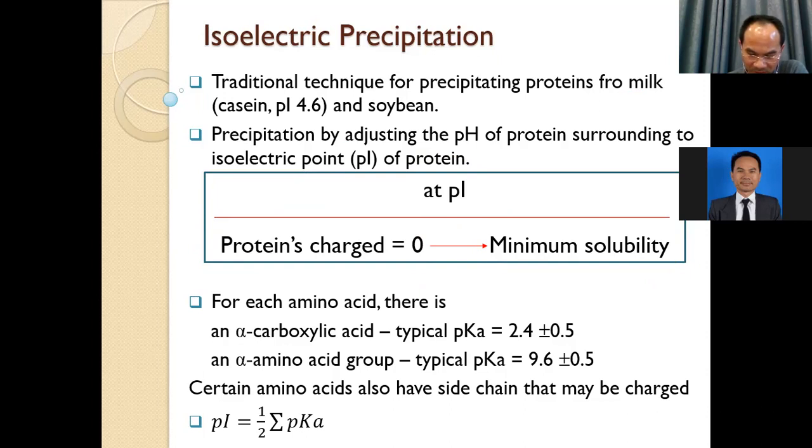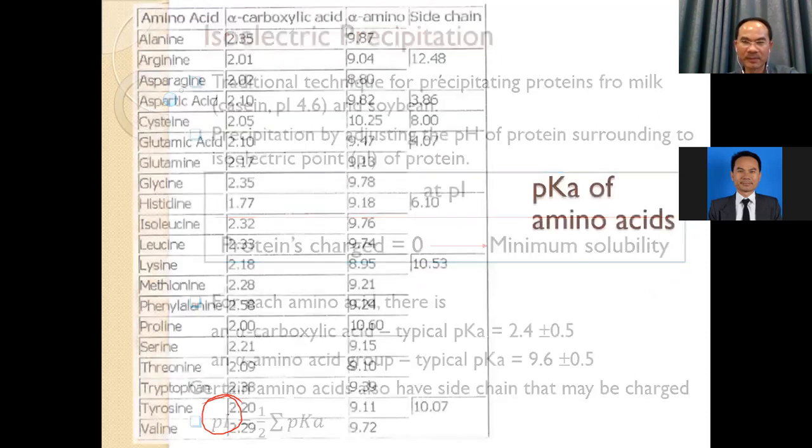For amino acids, pI is equal to a half of the summation of pKa. If you know the pI, you can adjust the pH until it reaches pI. You will get the minimum solubility, and then the protein precipitates out of the solution.